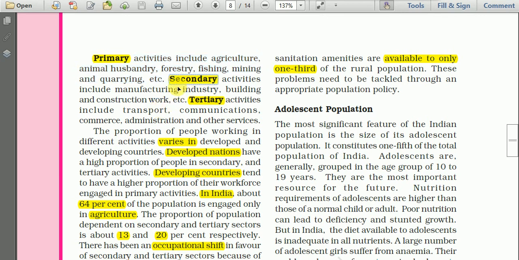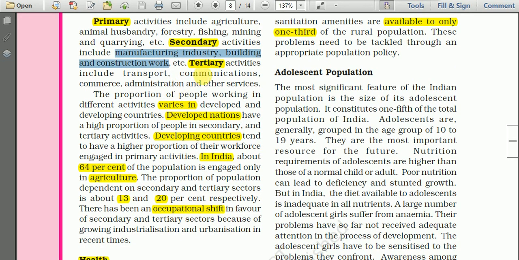Secondary activities include manufacturing industry, building and construction work. Tertiary activities include transport and communication, commerce, administration, and other services. These are some examples of primary, secondary, and tertiary activities.